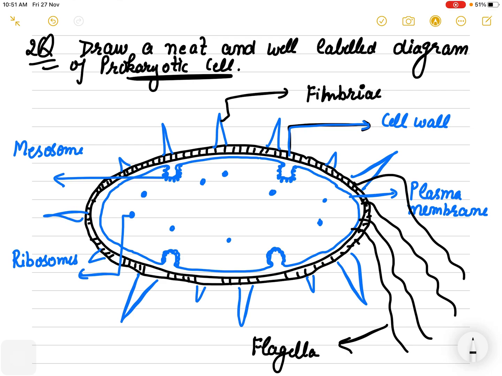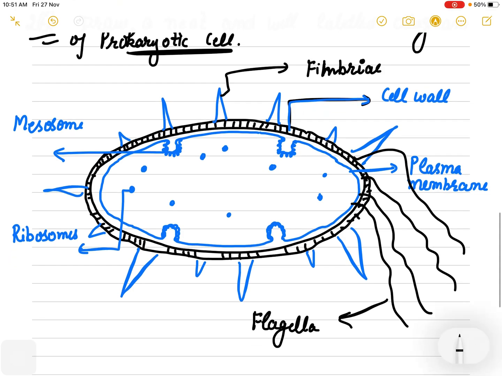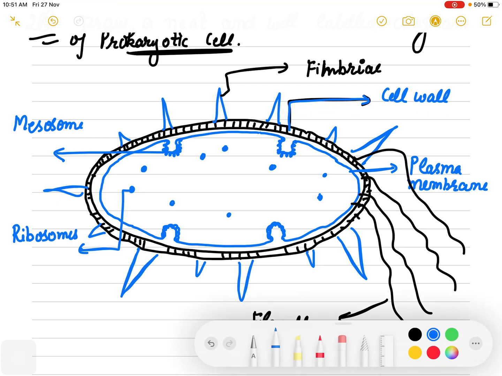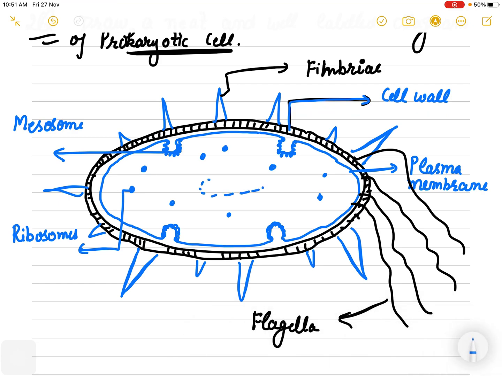And on the inner side, you find this structure at the corner, or actually in the middle, that is called nucleoid. This is known as nucleoid.